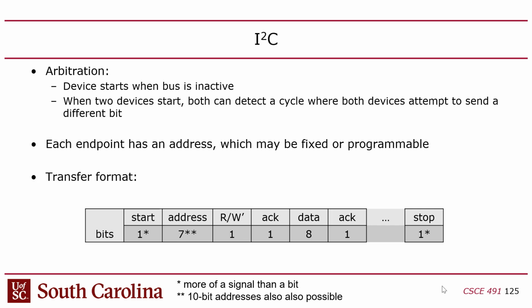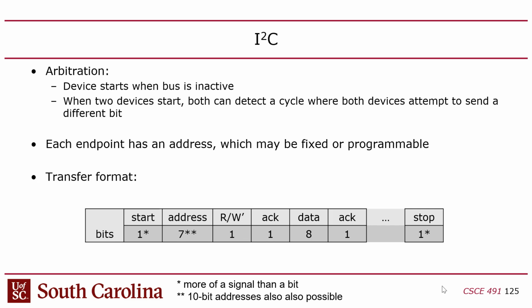Okay, and then the data comes. Now this data could be one direction or the other, depending on if it's a read or write. And then there's another acknowledgement. Whoever received the data is expected to send an acknowledgement back to the sender, and that will depend on whether it was a read or write.